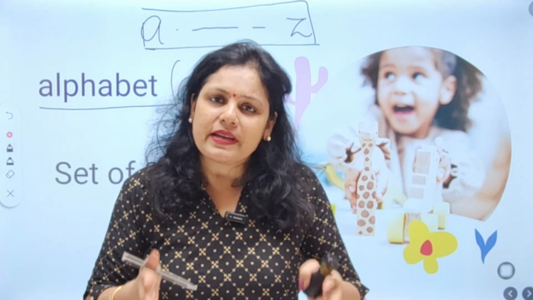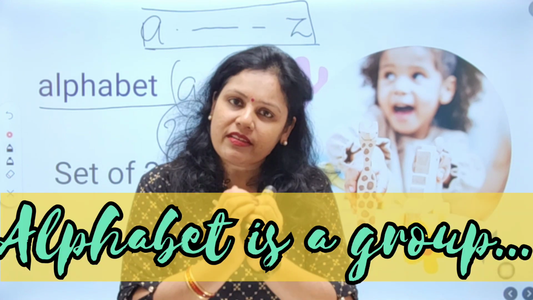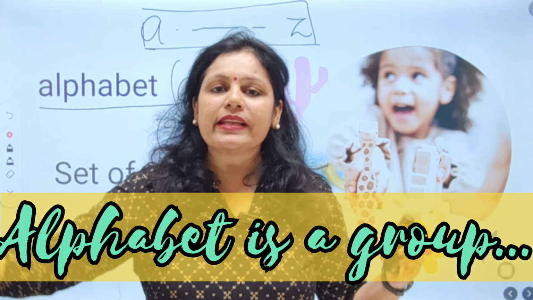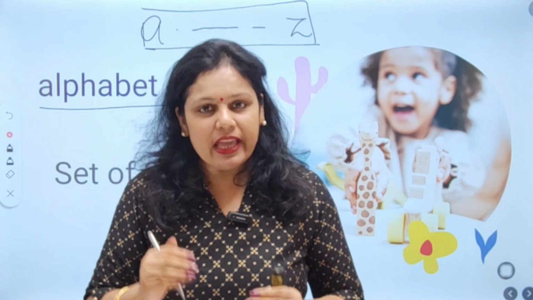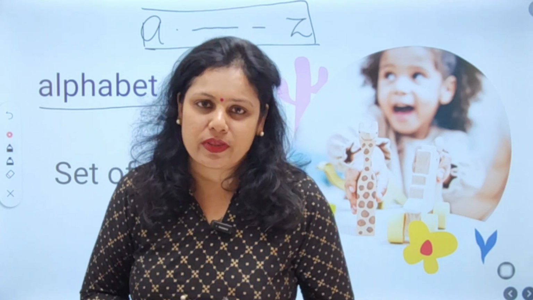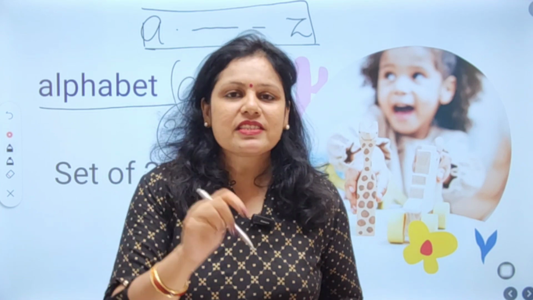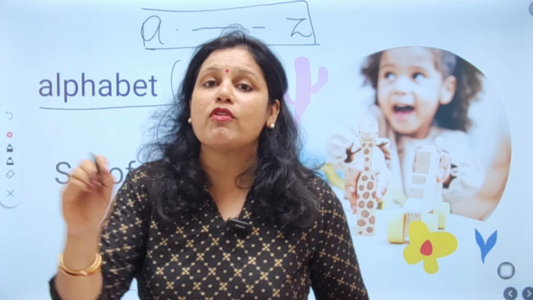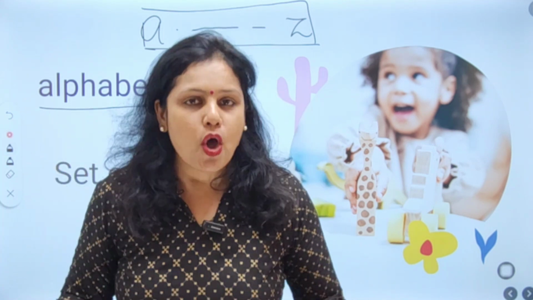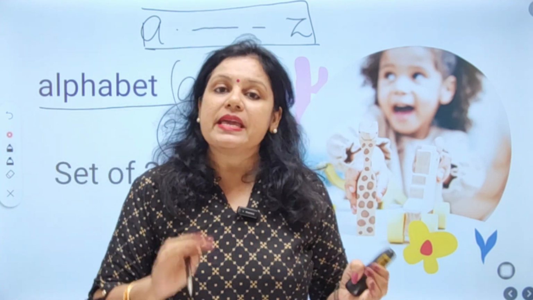So basically alphabet is a group, whether you write it in a sequence or you write it in a collection way, right? So if you have 10 keys with you in a bunch, we never say that the bunch should have the keys in the order of 1, 2, 3, 4, 5, 6, 7, 8, 9, 10. No, the keys may be in any other order also.